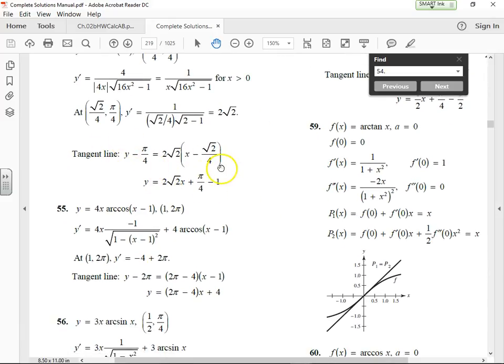Look at the point slope: y minus pi over 4 equals either 2 root 2 or 4 over root 2. They mean the same thing. That's it.